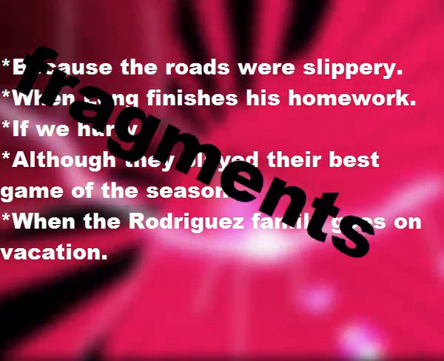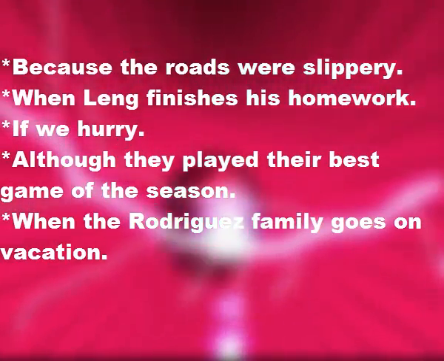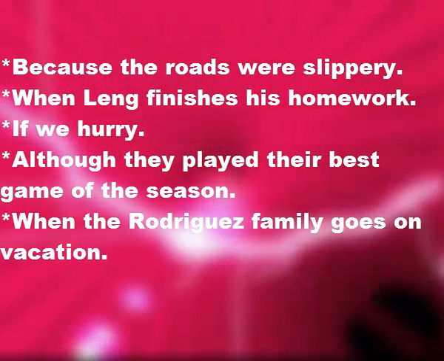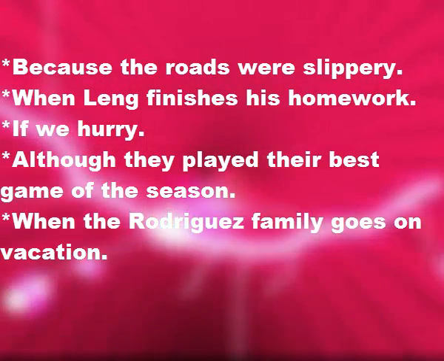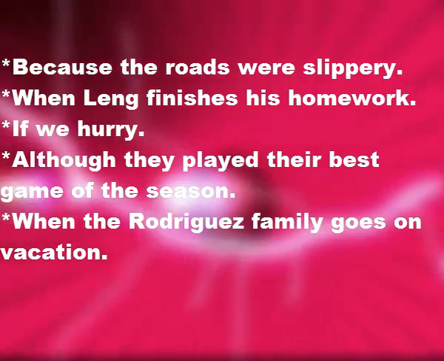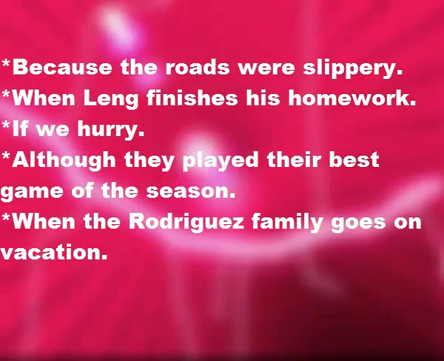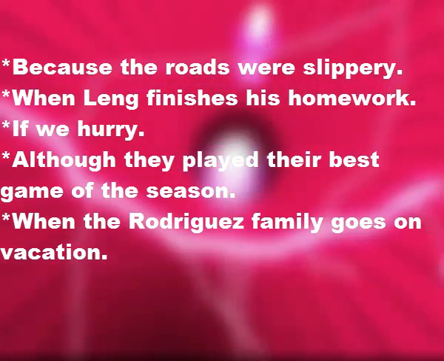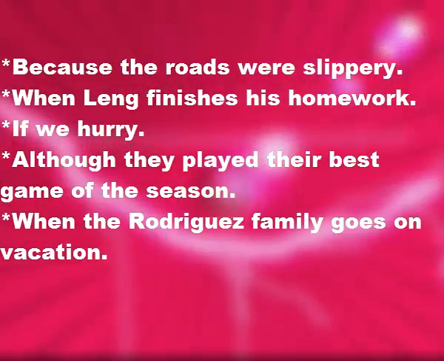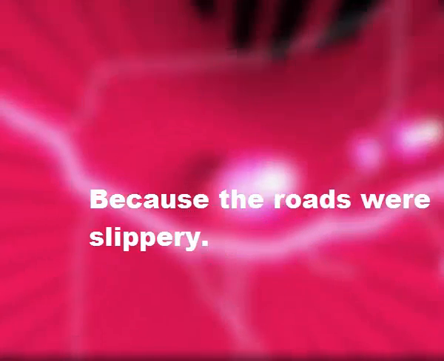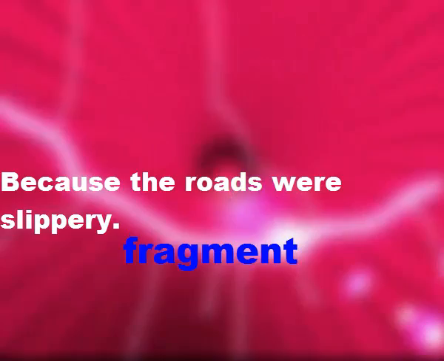These are all fragments because they are not complete thoughts. Every sentence needs an independent clause. To turn these fragments into sentences, we can turn these dependent clauses into independent clauses. Because the roads were slippery is a fragment because it is not a complete thought.